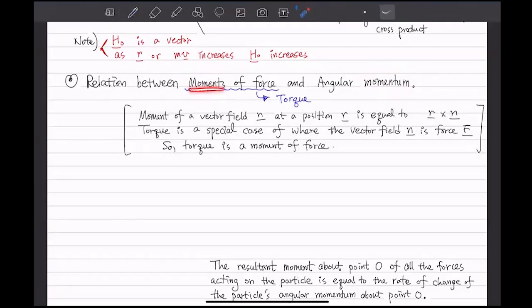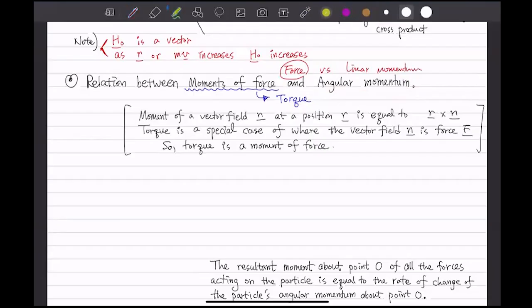So the moments of force is the torque, okay? And what we want to find is the relationship between the torque and the angular momentum. And this is kind of similar to force versus linear momentum.